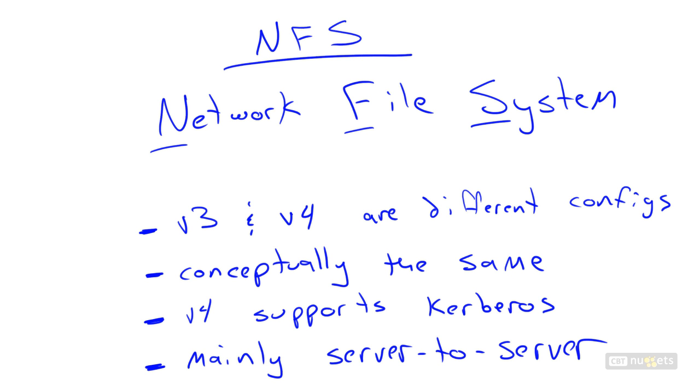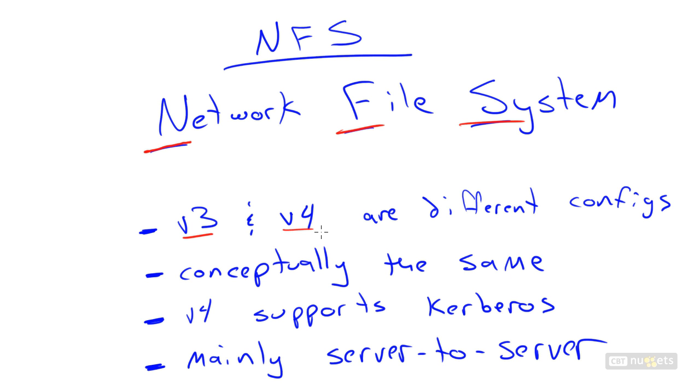The last protocol we're going to look at is NFS. Now, NFS stands for Network File System, and there are 2 current versions, if you will. Version 3 and version 4 are both in use, but they have vastly different configurations. It's a complex endeavor that I go way more into detail on in the Linux in the Real World series.